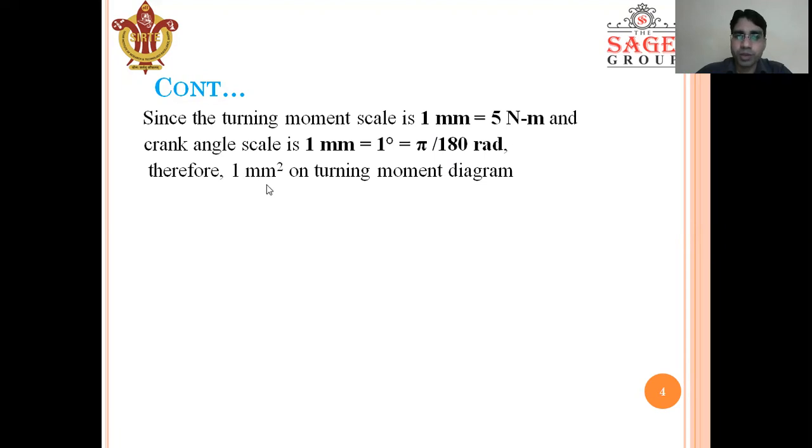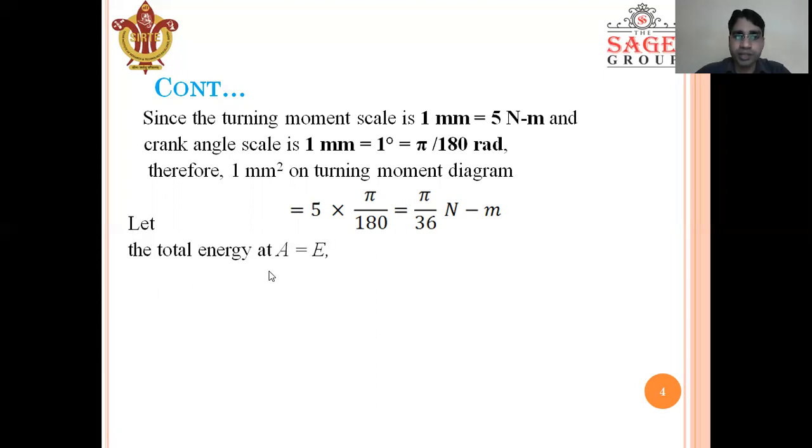Therefore, 1 mm square equals 5 into pi by 180, which is pi by 36 Newton meter.